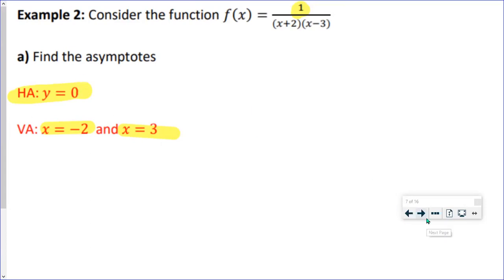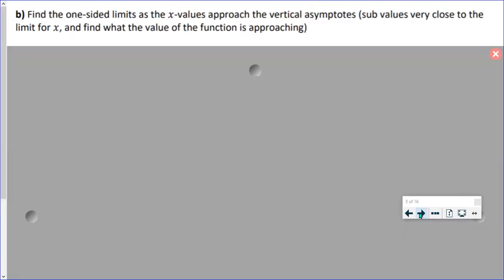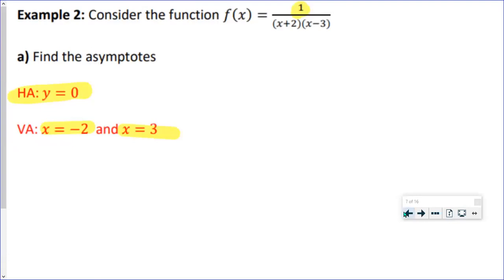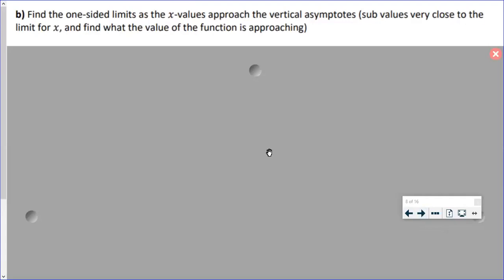So if I wanted to connect this particular graph and get an idea of its behavior without using the first derivative or second derivative, I would take these two vertical asymptotes, x is equal to -2 and x is equal to +3, and I would perform double-sided limits on them.